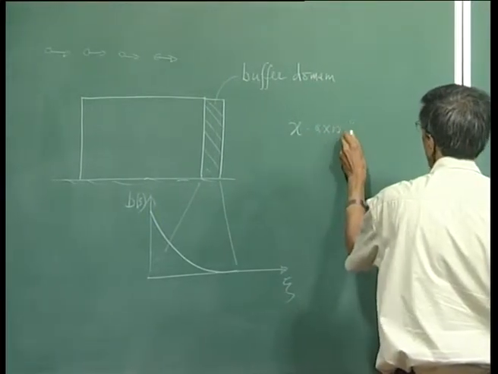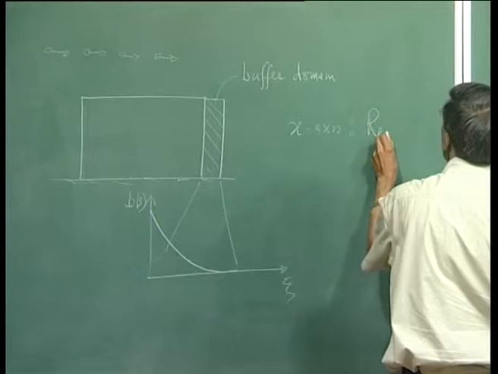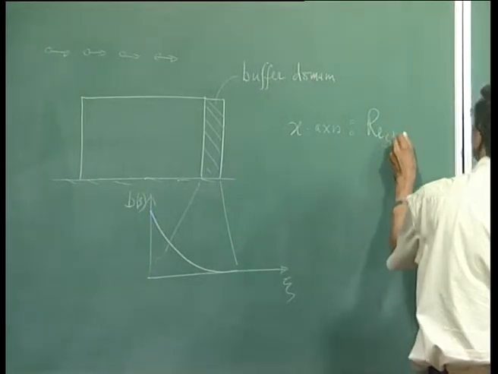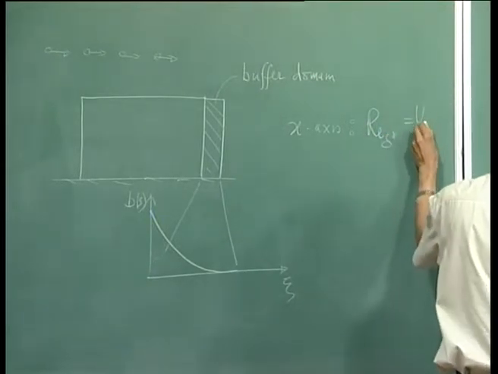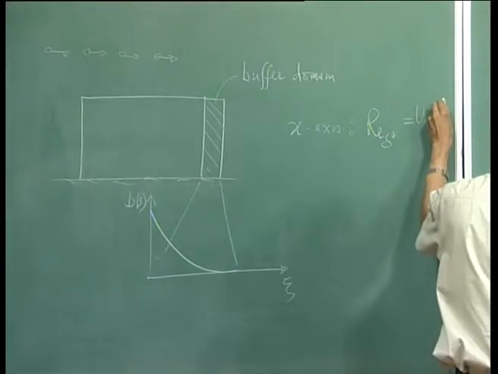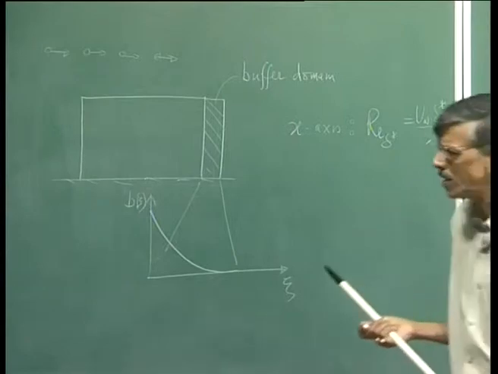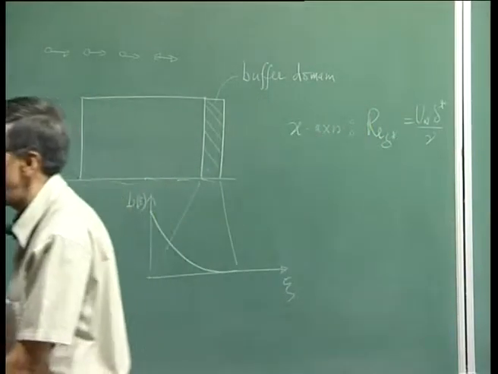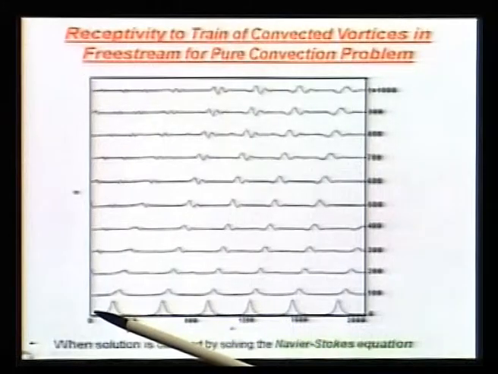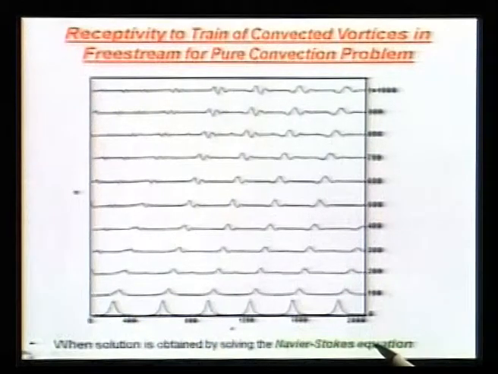So, the x axis that you are seeing in this figure is your Re delta star. That means u infinity delta star over nu. We have computed in a domain which probably starts off around 160 or so and goes till 2000 Re delta star.